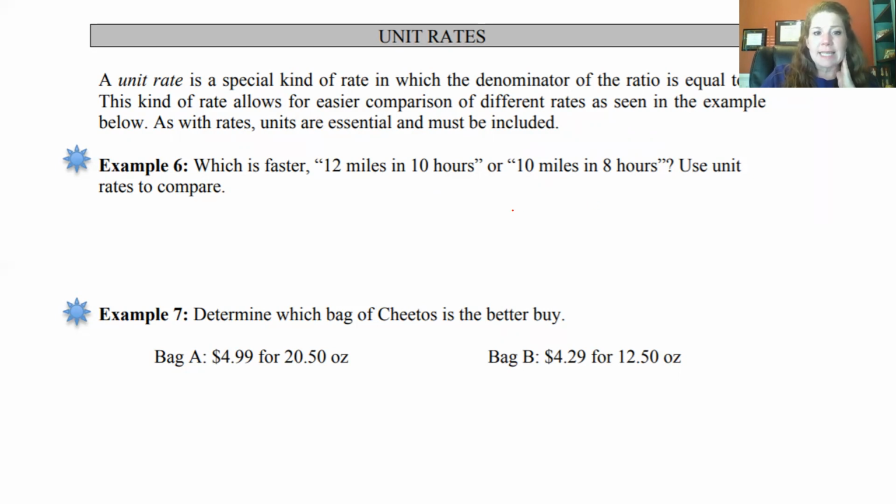So basically, if we can go 12 miles in 10 hours, we want to know how many miles we can go in 1 hour. Well, the only way to get this denominator to 1 is divide both of these by 10. Correct? 10 divided by 10 is 1. So 12 divided by 10 is 1.2. 1.2 to 1.